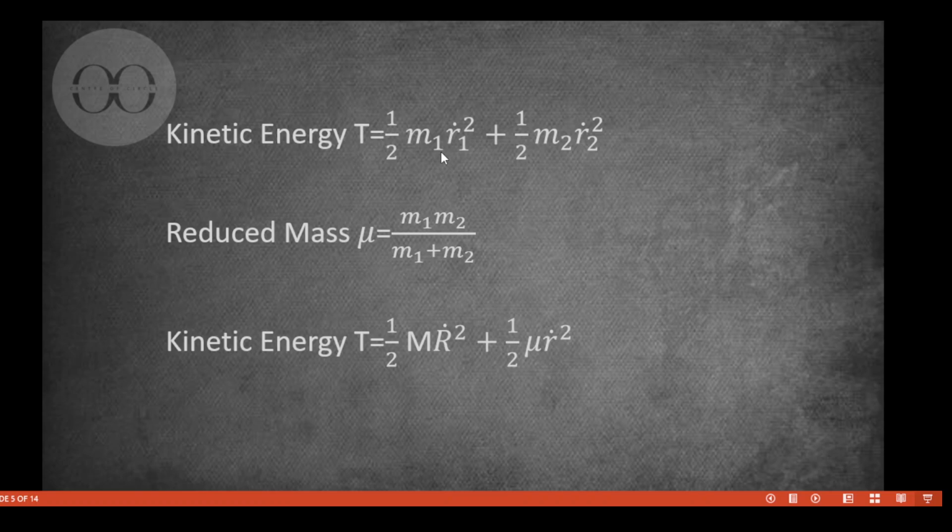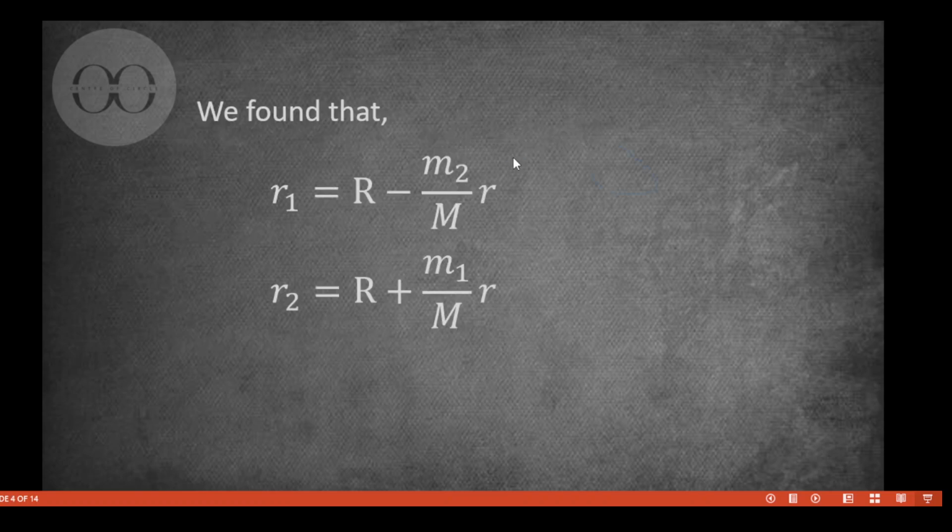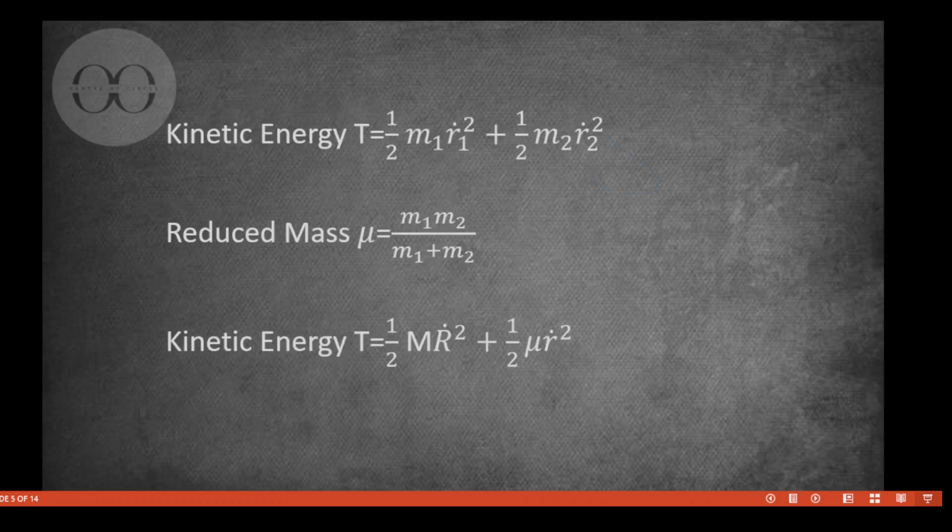So what we can do is substitute r1 from here to here and take its time derivative to make half m1 r1 dot square, and we can substitute r2 from here to here and take its time derivative to make half m2 r2 dot square.